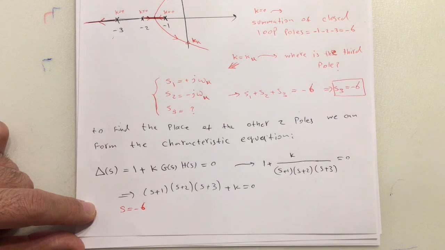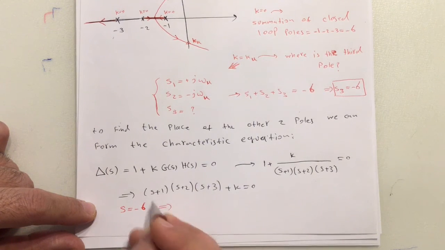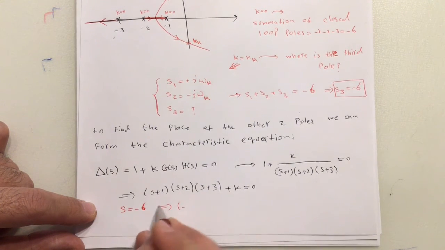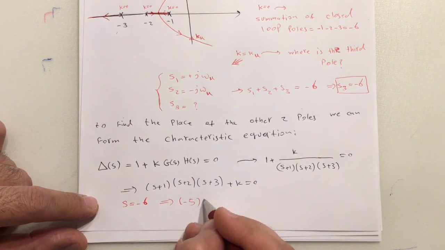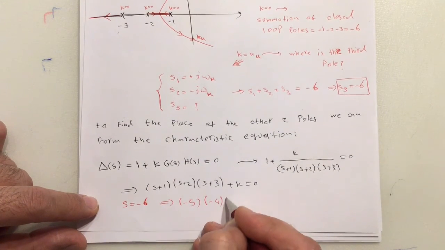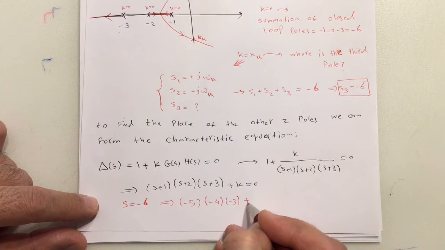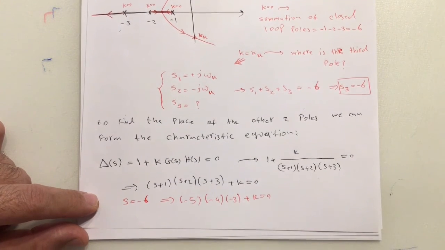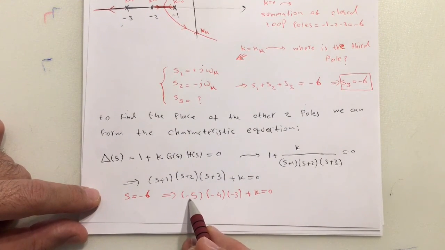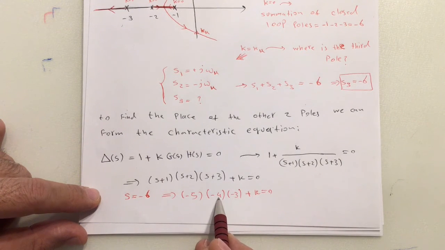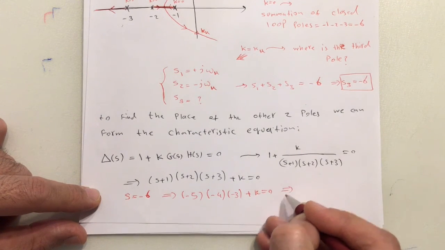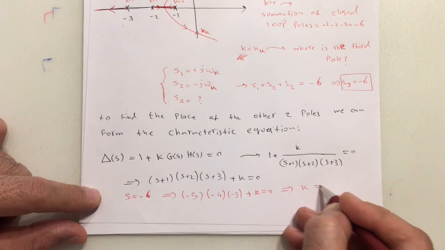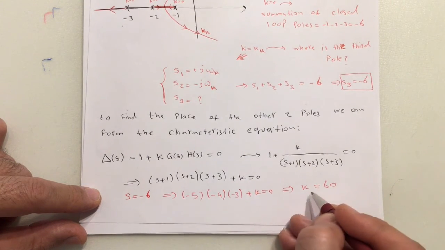I'm substituting minus 6 here: minus 5 multiplied minus 4 multiplied minus 3 plus k is equal 0. And basically, if you take that one to the other side, then you have 5 multiplied 4, which is 20, multiplied 3, which is 60. Therefore, k is 60. And remember, this k is ku.